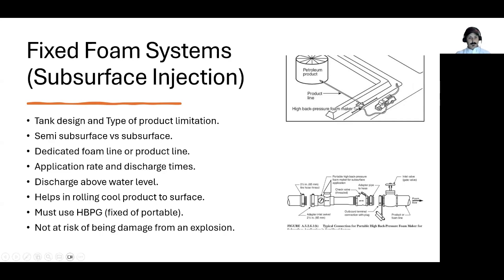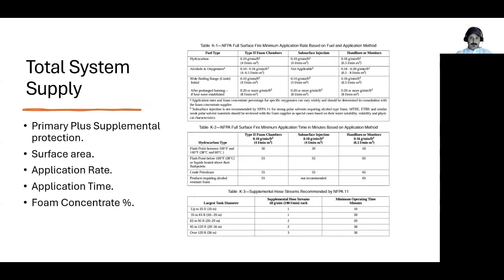And also we must use the high back pressure generator. We also said that it can be fixed in the system or be installed by the firefighters when they arrive to the scene. And also I said that there is no risk of being damaged from an explosion, since the inlet is located at the bottom of the tank.